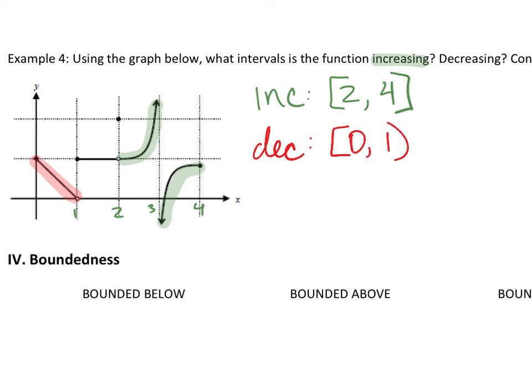I saw another hand. Did you have a question or a comment? Oh my gosh. I told y'all, so wrong right now. Guess what's happening right here? The asymptote. We got to talk about the asymptote.